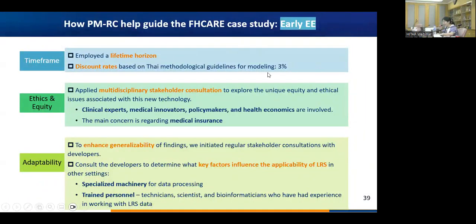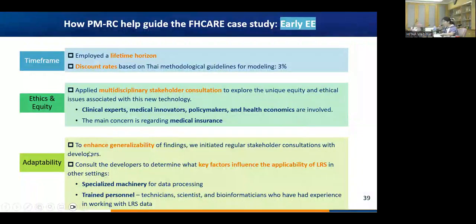Thailand doesn't yet have the genetic information non-discrimination act in place, which means that insurance companies, if they have access to patients' genetic test results, may discriminate against patients taking out insurance plans or refuse insurance claims. Whether insurance companies will have access to the test result remains an issue that needs to be carefully addressed.